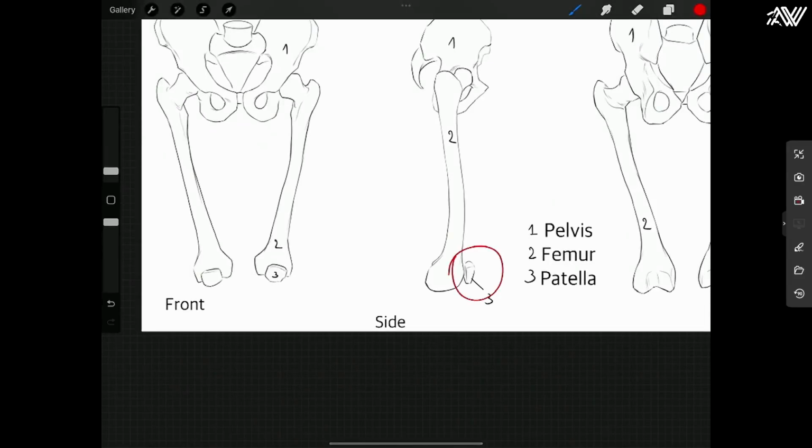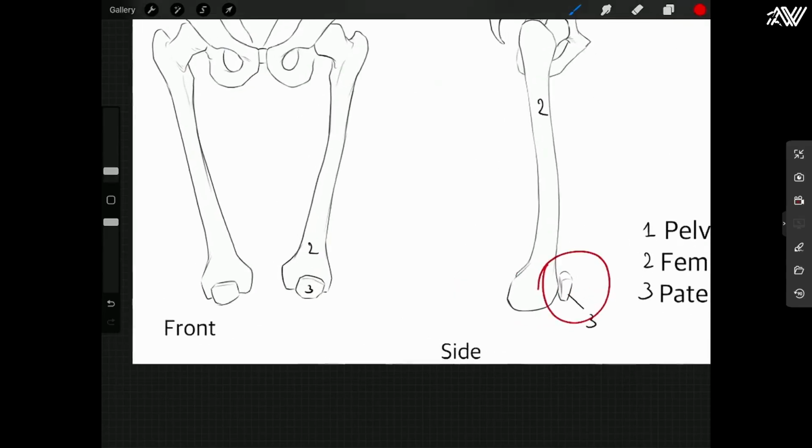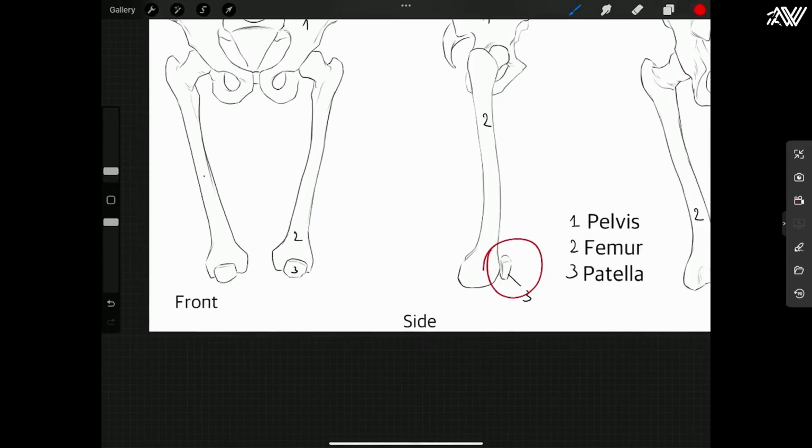What's really interesting about the patella is that it acts as an extra leverage point for the quadriceps to actually lift our leg. And I didn't even know this, but it adds up to 50% more leverage strength for the quadriceps, or at least the tendons, to lift the tibia and fibula bones upwards, which is really interesting.